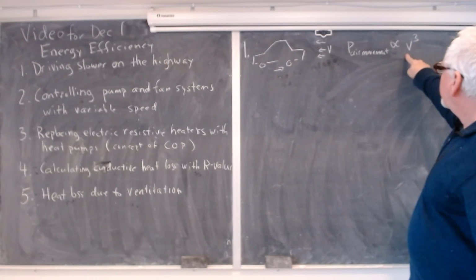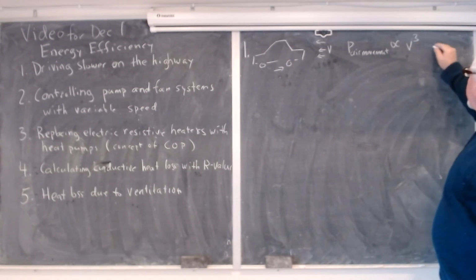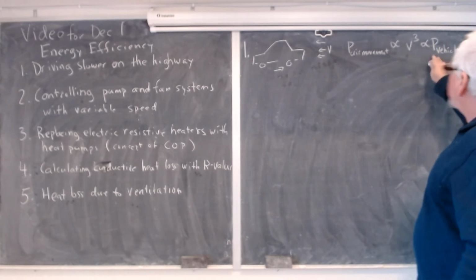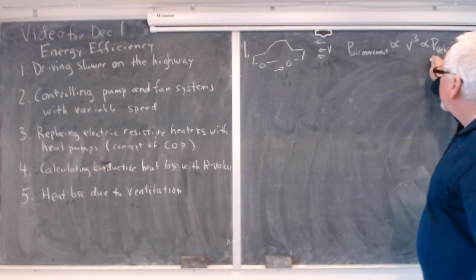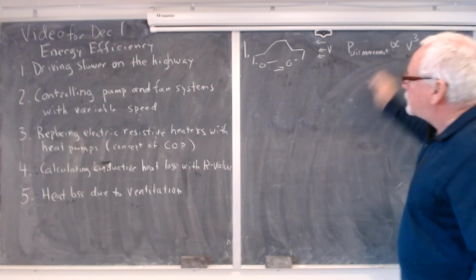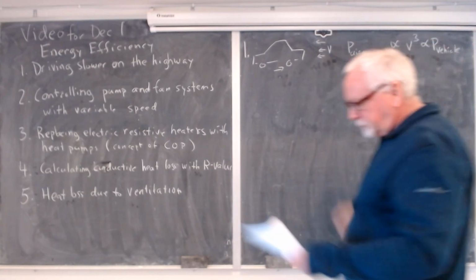And that goes as v cubed. And so that means that this is also the power of the vehicle, right? The engine power that you're supplying is approximately going as v cubed at highway speeds, because that dominates.